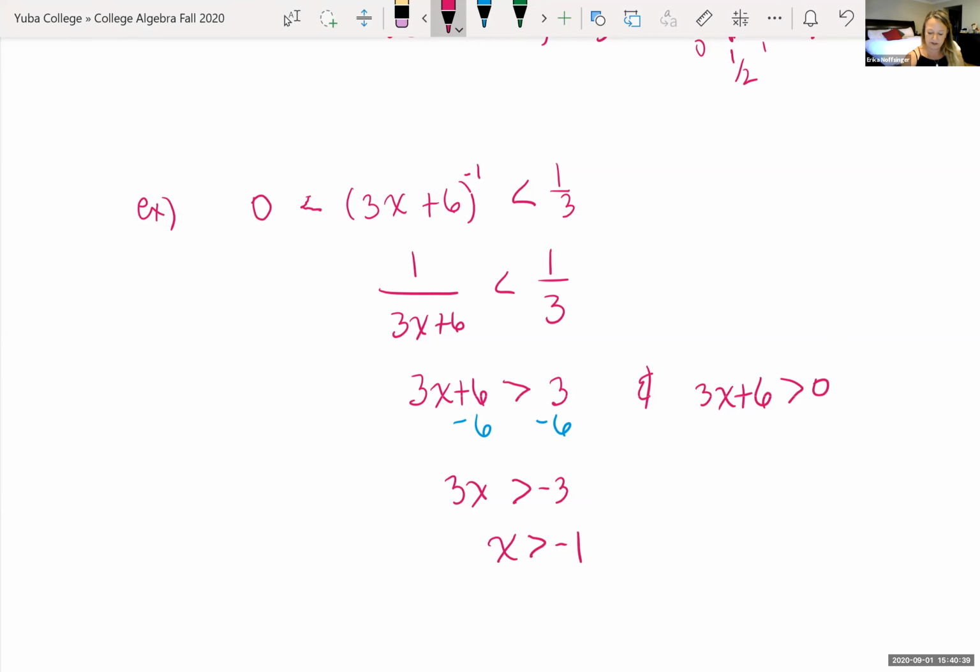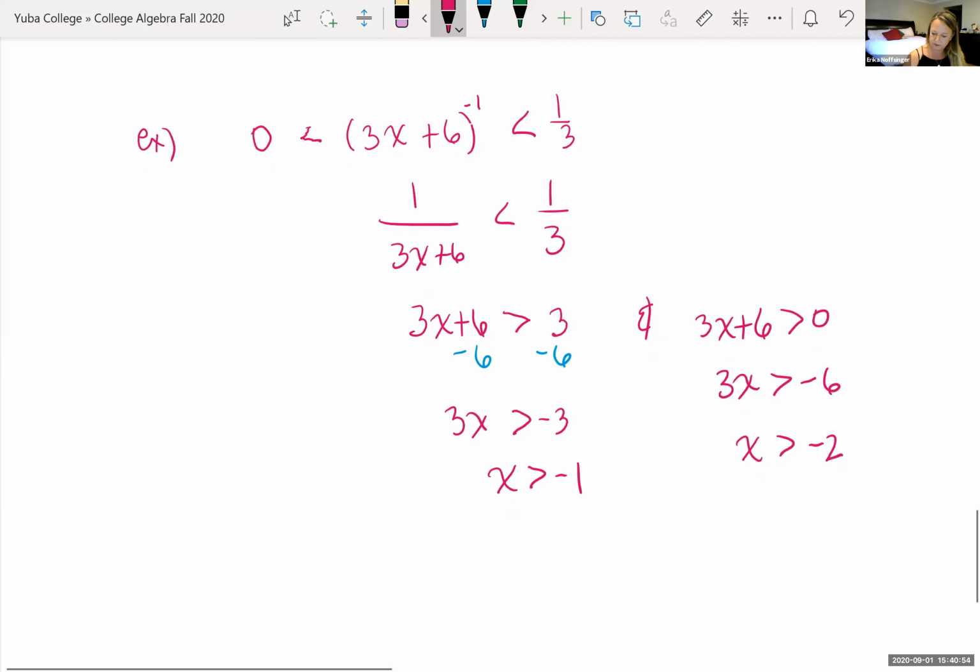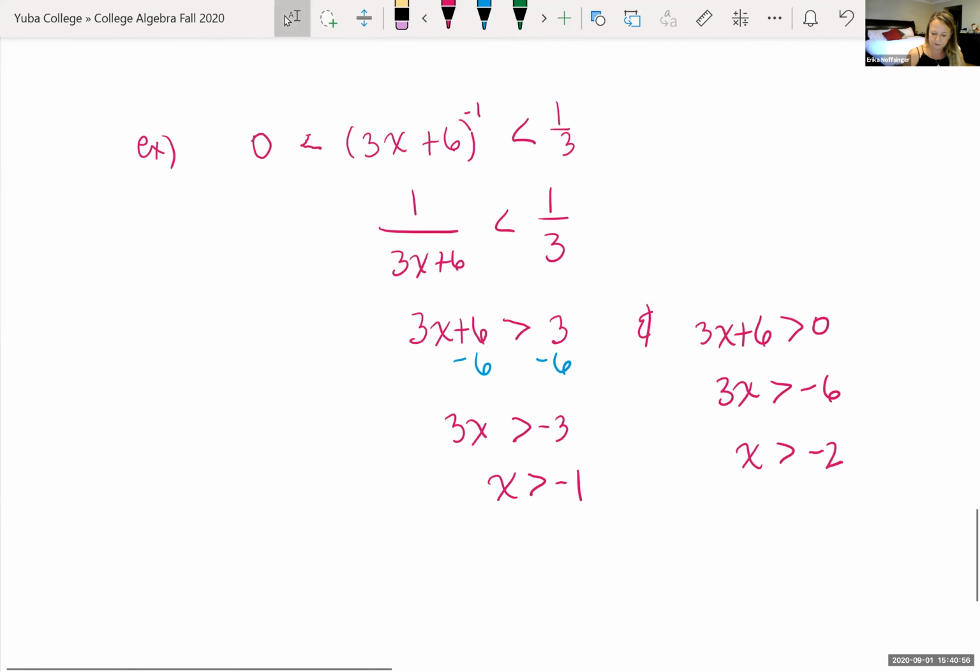And then solving for this piece, we subtract 6 on both sides, 3x is greater than negative 6. Divide both sides by 3, and so we get x is greater than negative 2. So technically, this is an and statement. And statements mean that you're looking at the intersection of the two sets, or what they share in common.